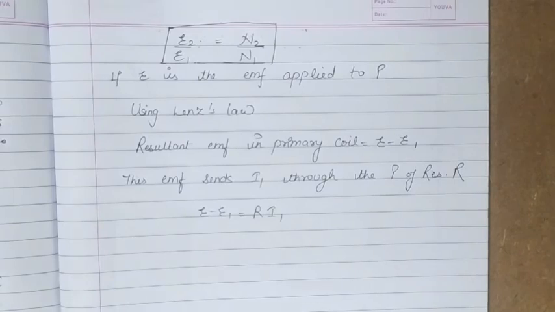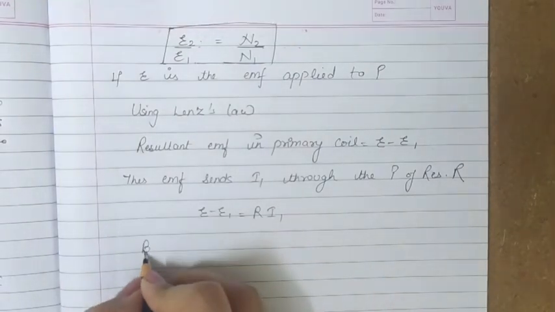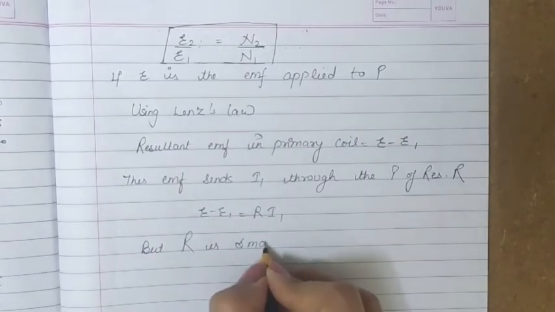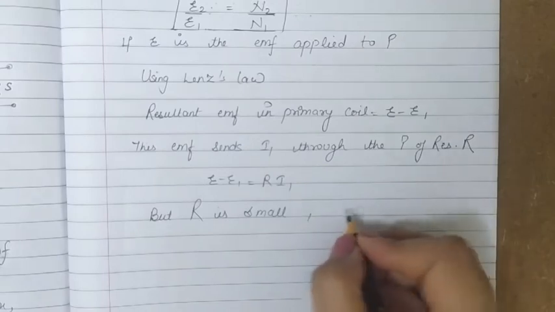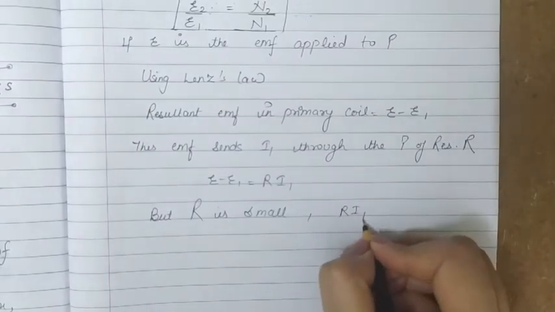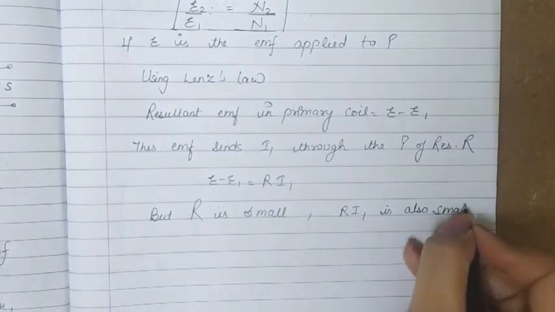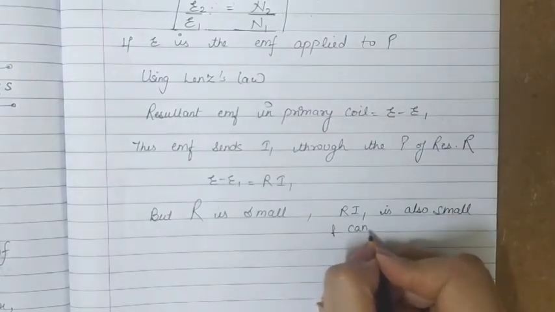But the coil has a very small resistance, so the term R I1 is also small and can be neglected.